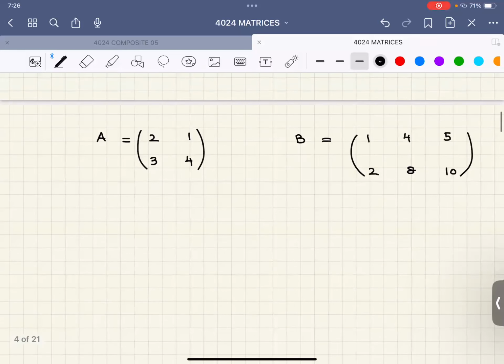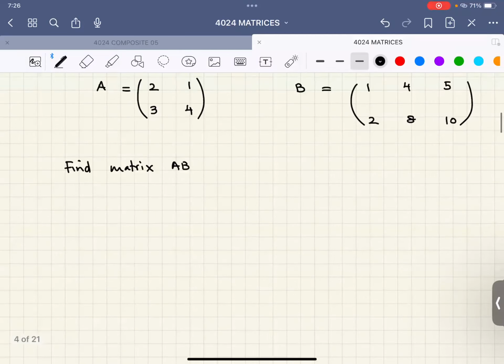And let me find the matrix AB. We have already double checked, yes, it's multiplicable. So 2, 1, 3, 4, multiplying with 1, 2, 4, 8, 5, and 10.